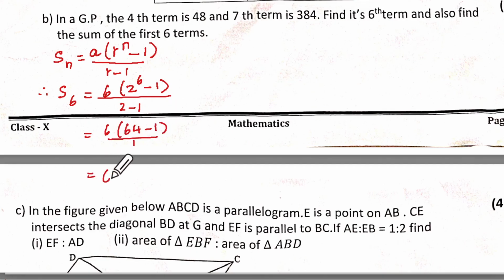That will be 6 into 63. 6 3s are 18, 6 6s are 36, 378.